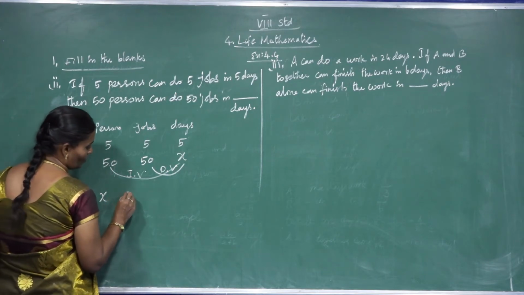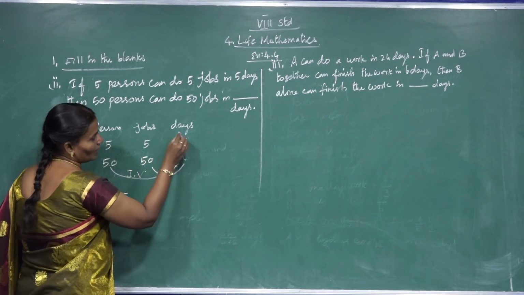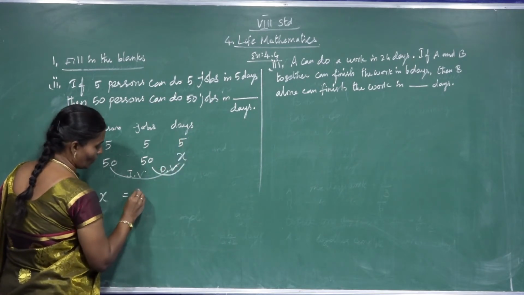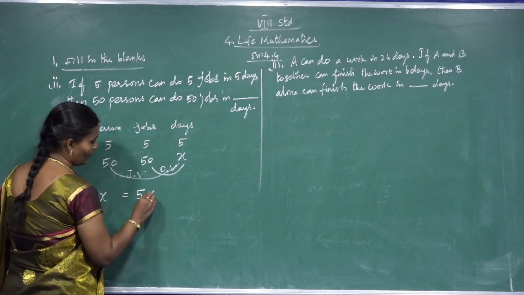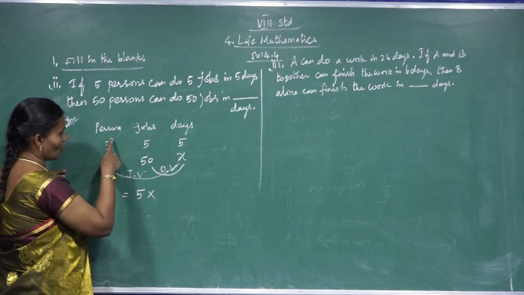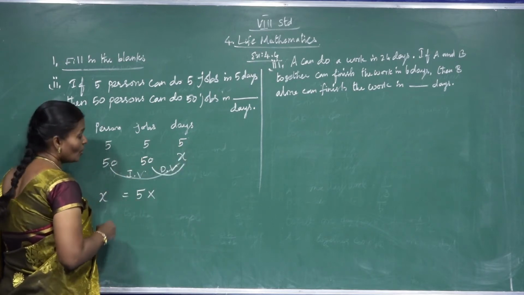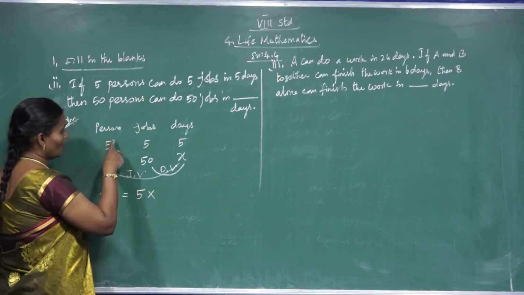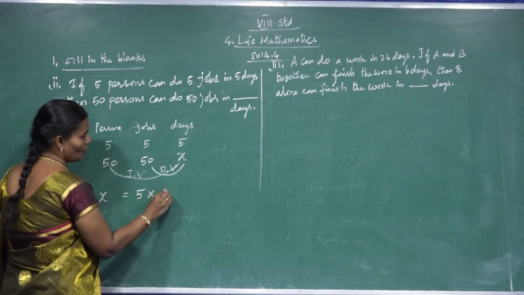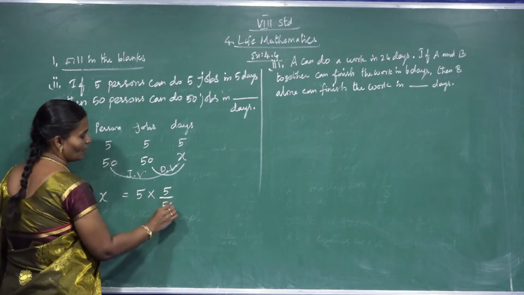Here x is unknown. This is equal to, the before value is 5, so first you write 5. Then multiply. Persons to days is inverse variation. Inverse variation means the first one you write in the numerator and the second one in the denominator.